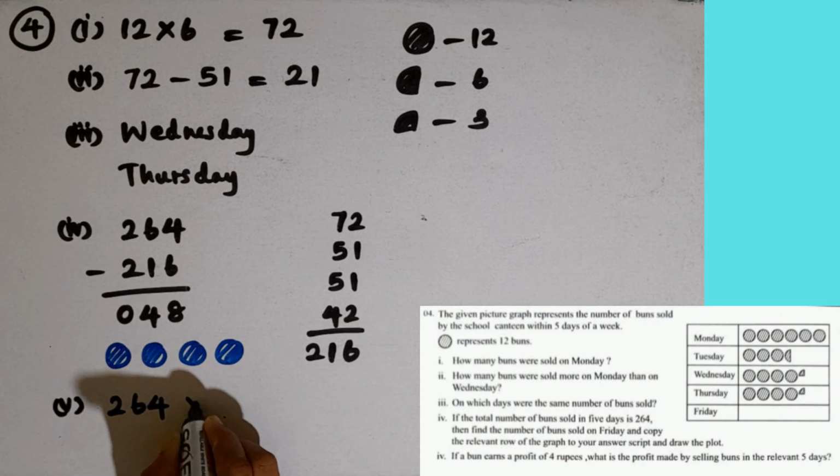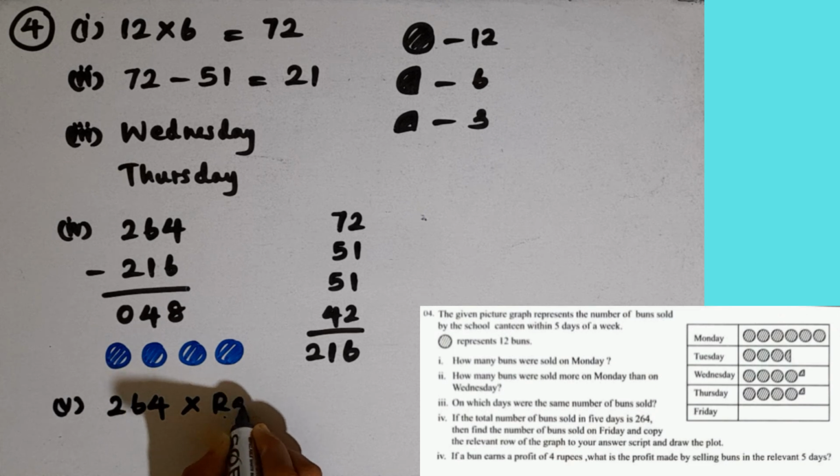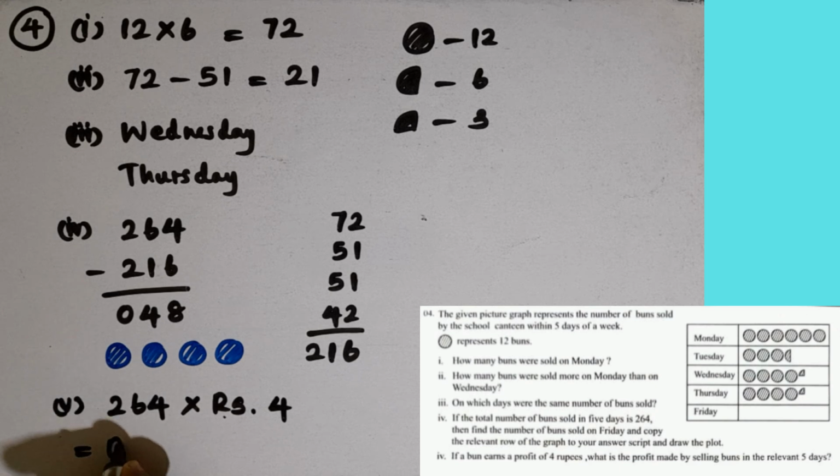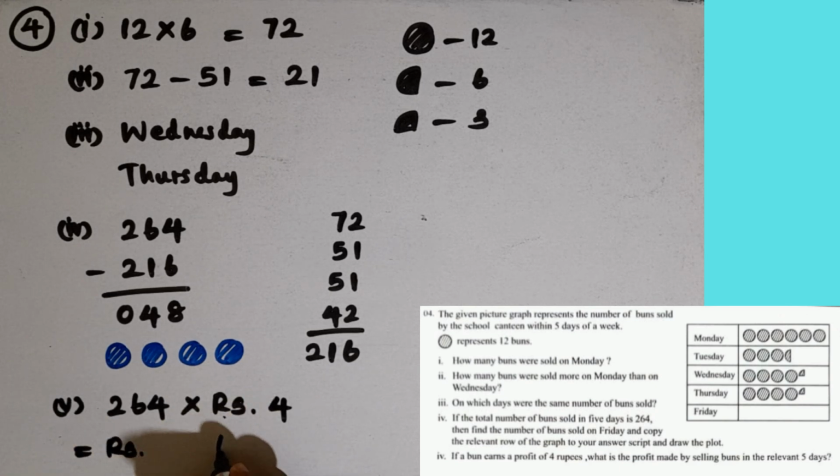That should be multiplied by a profit of a bun, 4 rupees. 4 times 4 is 16. 1 is remaining. 4 times 6, 24. 24 plus 1 is 25. 2 remaining. 4 times 2, 8. 8 plus 2 is 10. So the total profit is 1056.